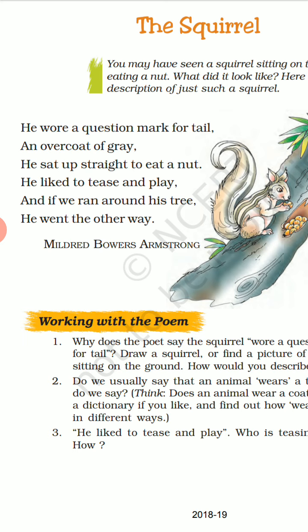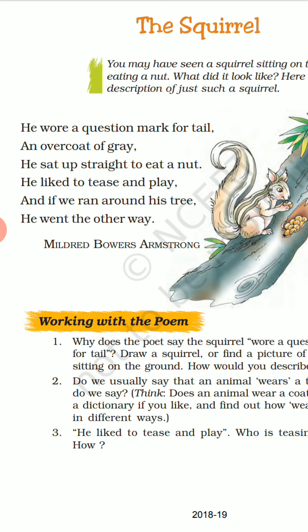Squirrel is a very funny little animal that likes to play with human beings. So human beings means the poet and her friends. If they ran round his tree, then the squirrel wouldn't be frightened, but it would also run around the tree, from the opposite side.